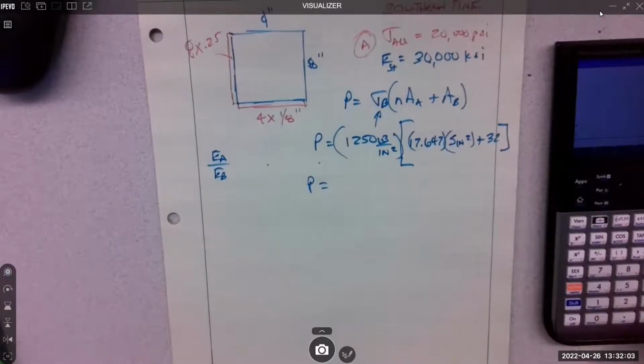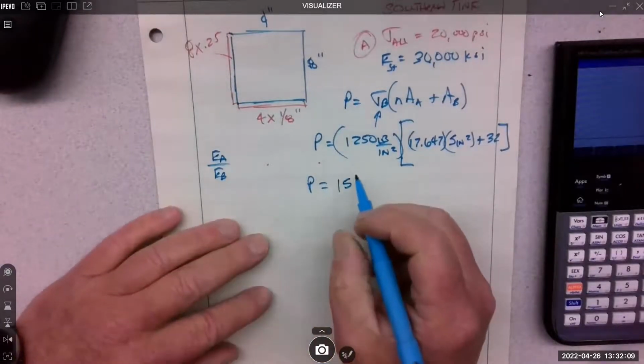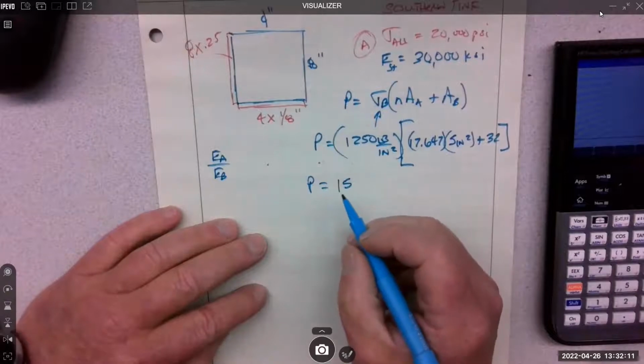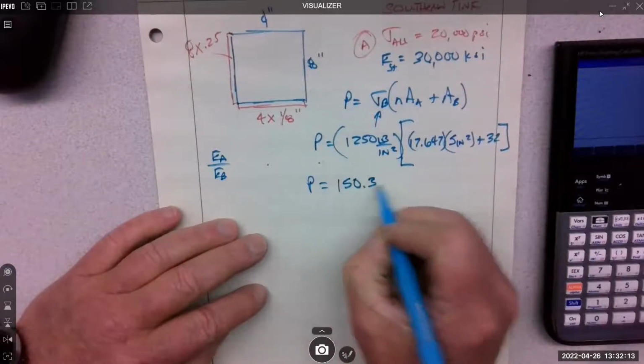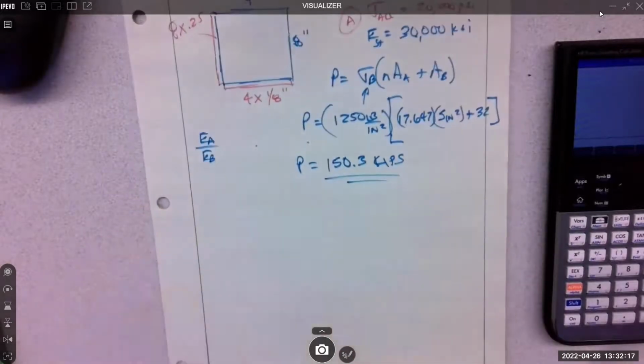Yeah, this is closer to what the book is. I'm getting 150.3K. What's the book get? 136K?